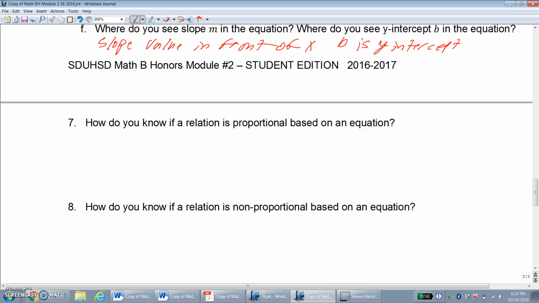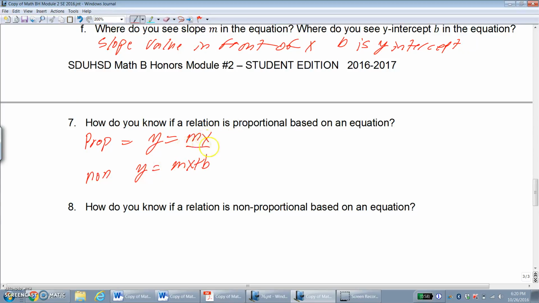Okay? So at this point, guys, you should have tried 7 through 11 on your own. I'm going to zoom through these. So how do you know if the relationship is proportional based on the equation? Well, it's going to be proportional if the equation does not go through the origin, which would look like y equals mx. You don't have a plus b. Non-proportional would be y equals mx plus b.